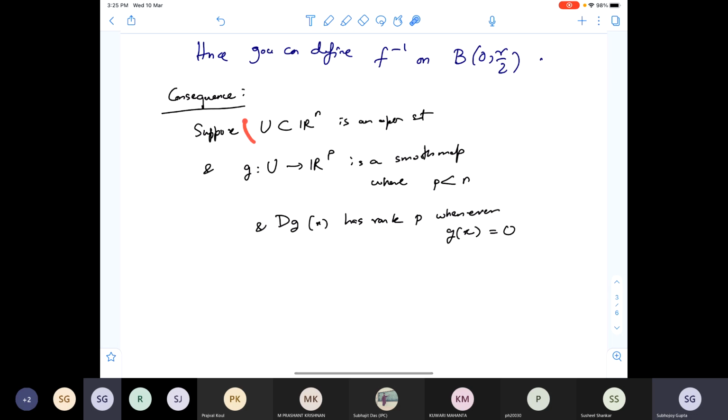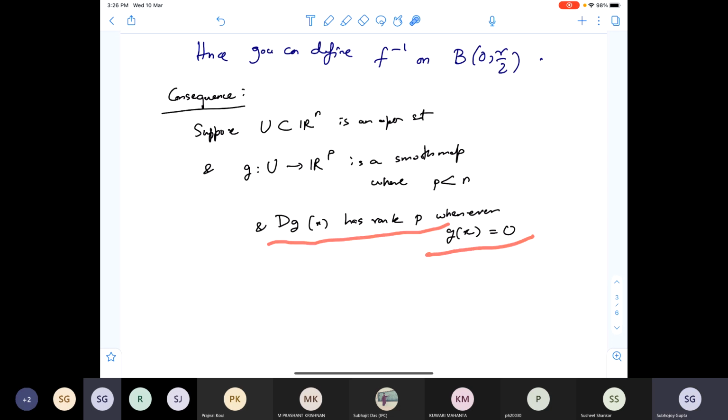So your domain is something in a larger Euclidean space, and your target is of lesser dimension. You have a smooth map with the property that this happens.